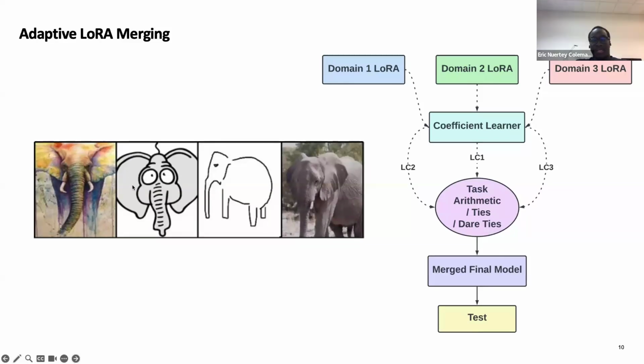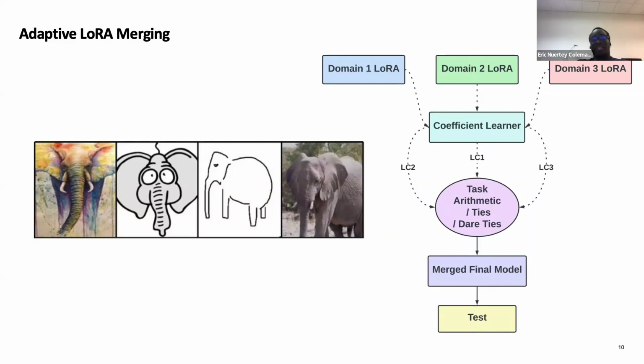So the idea we had is to train each domain individually with one LoRA adapter, and then we pass it through this, which is our coefficients learner. So the coefficients learner computes the weights for each adapter, which determines the influence of each adapter when you're merging.